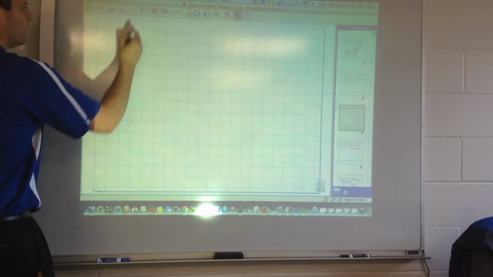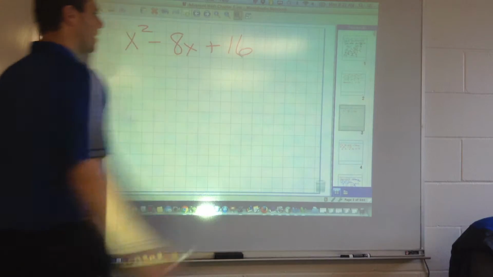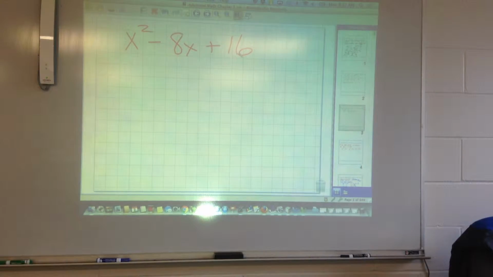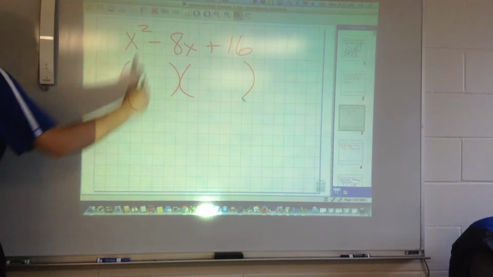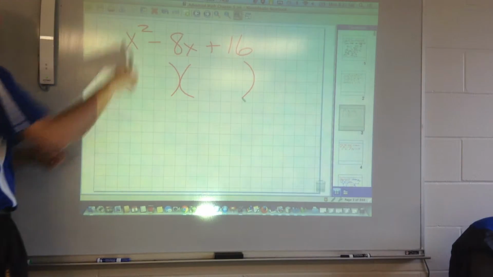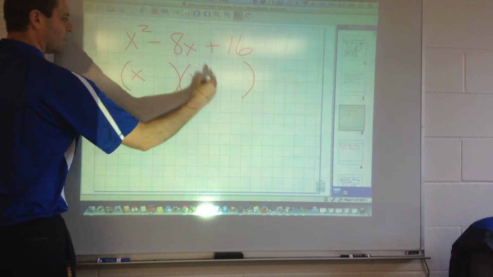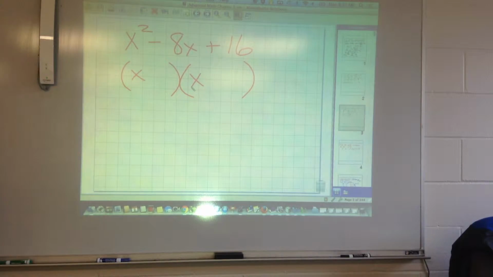For instance, this right here is a perfect square trinomial, because if we were to factor this, what would my two factors be? Well, what times what gives me x squared? X times x. And what two numbers multiply to positive 16 but add to negative 8?